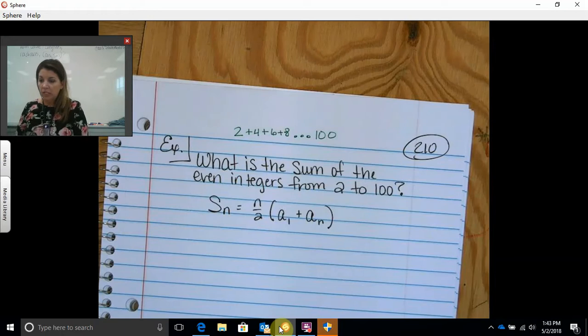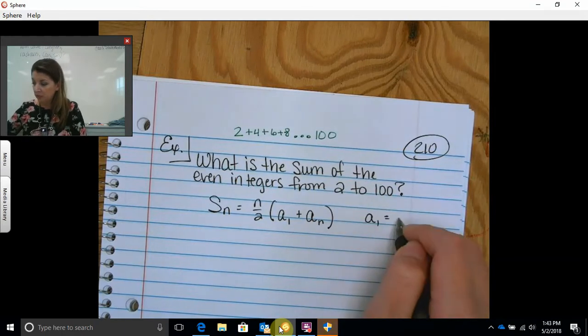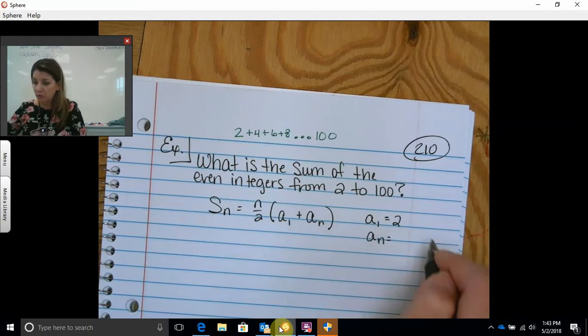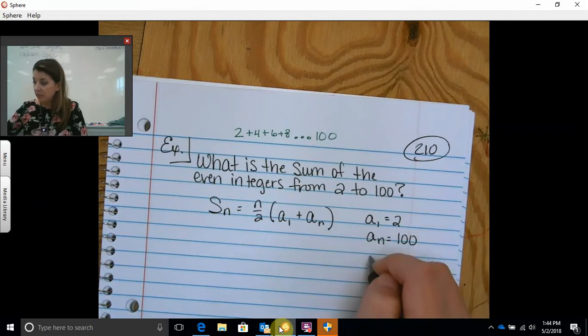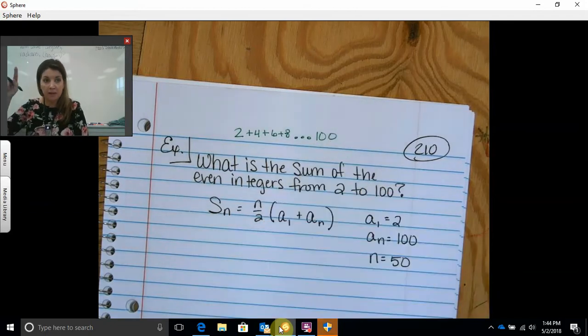So a sub 1 is our first term, which would be 2. A sub n is our last term, which would be 100. And n is the number of terms in the sequence, which would be 50. Take that last term and divide by, think about it as the common difference.